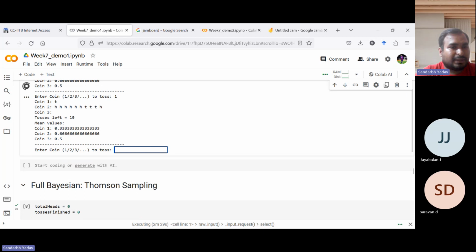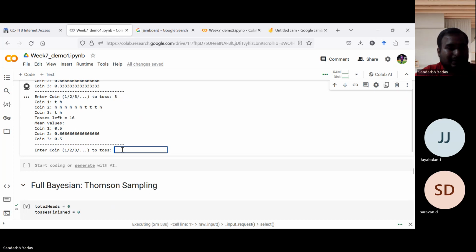Maybe coin 1, it gave tail. Maybe coin 3 now, it gave tail. Maybe one time more. So it gave head, then let's do coin 3, gave head. Still this didn't change anything. It remains 0.5.